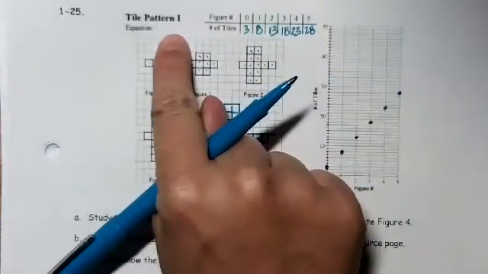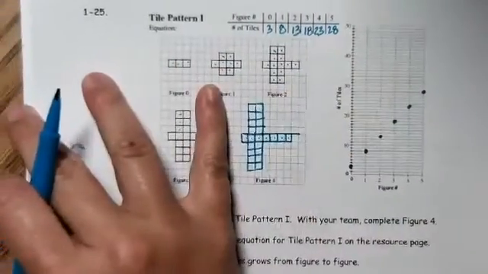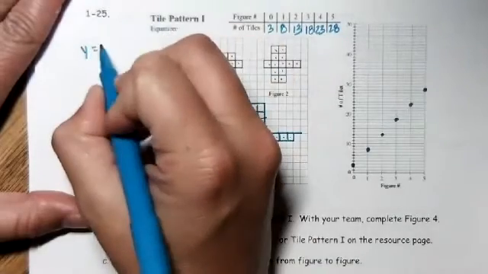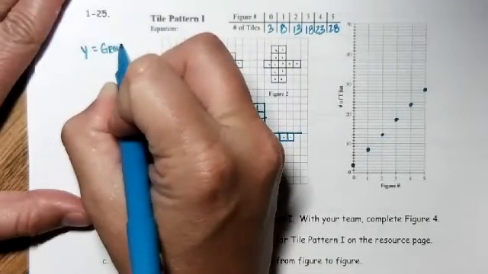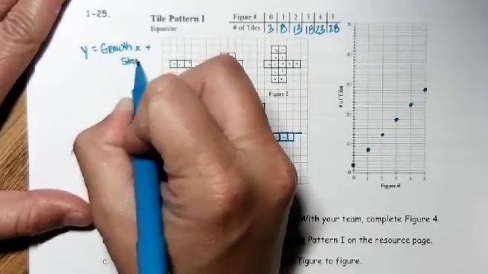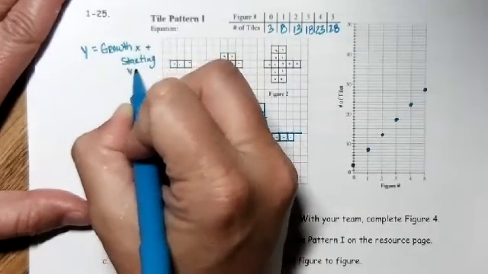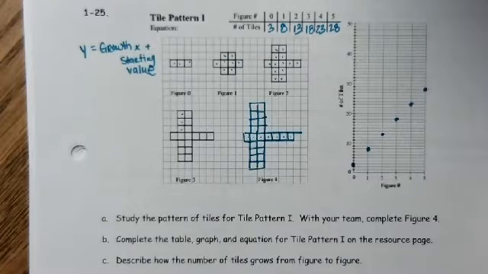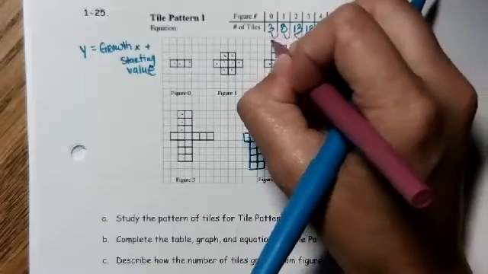And now we do need to write the equation. Now, just as a reminder, this is going to be y equals growth times x plus the starting value. So in this case, the growth is going to be whatever this is growing by, which is plus 5.